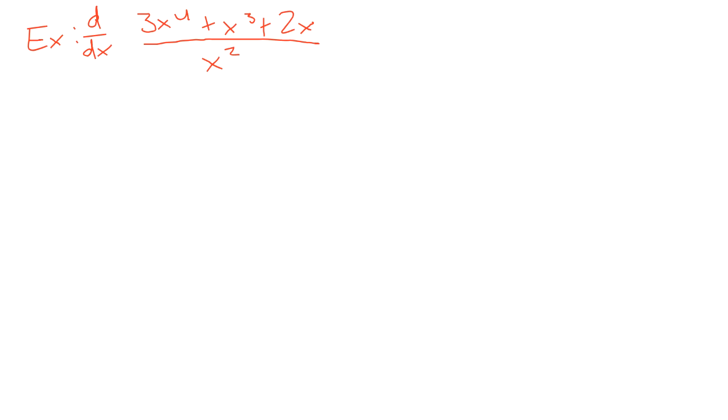Since we have just a plain little x to the negative 2, we can transform this by pulling it out in front and multiplying it times the rest of our function.